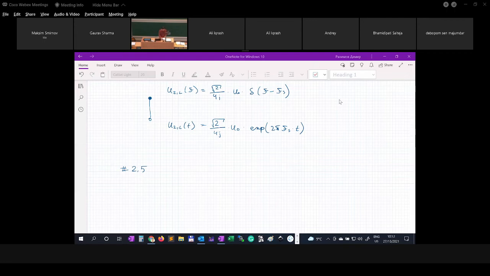Sometimes I also get confused by this definition because you have band pass, baseband, and low pass, and it's very easy to lose yourself. But okay, let's go back to task number 2.5.